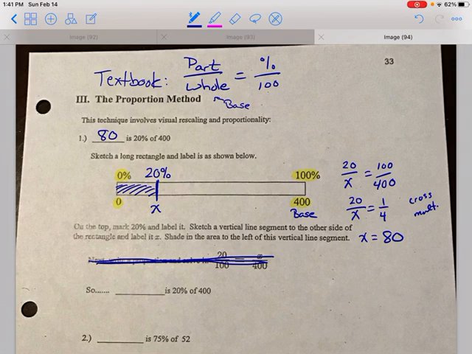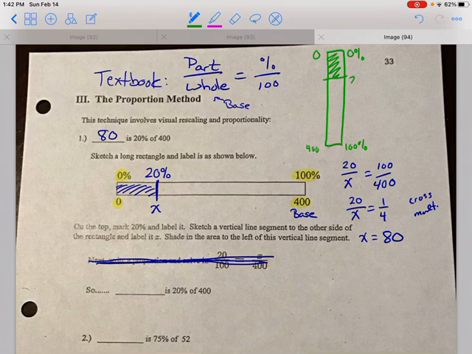In a regular class, I would turn my paper sideways, but I can't do that on the video. So I'm going to redraw this rectangle over here, in a different color. So I'm turning the rectangle. If you want, you can just turn your paper so that I'm seeing this on the top and this on the bottom.